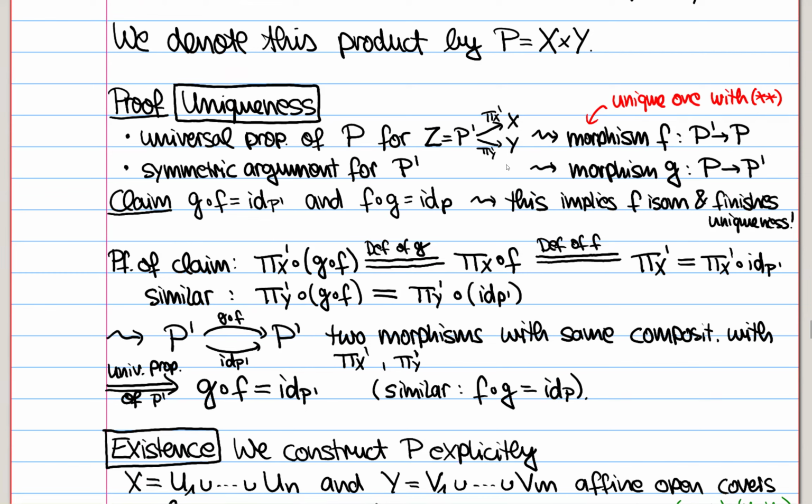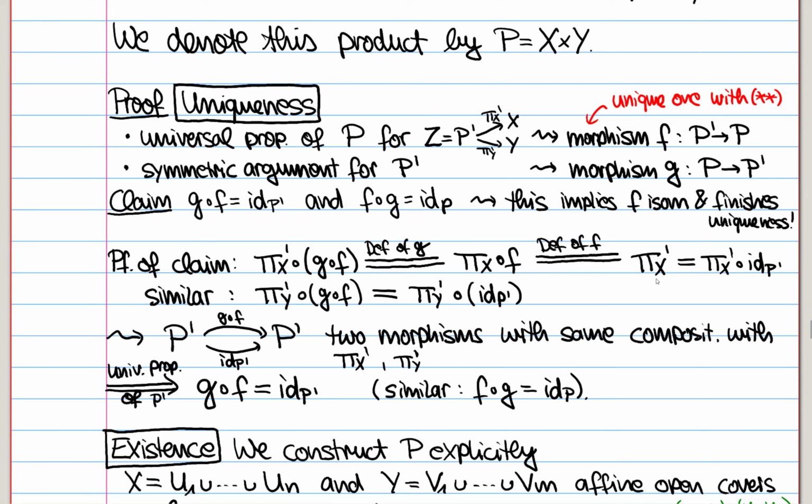So we can replace this here by pi x. And then F, by definition, was the unique thing such that composing it with pi x gives this pi x prime, this map from p prime to x. And so this here is pi x prime.